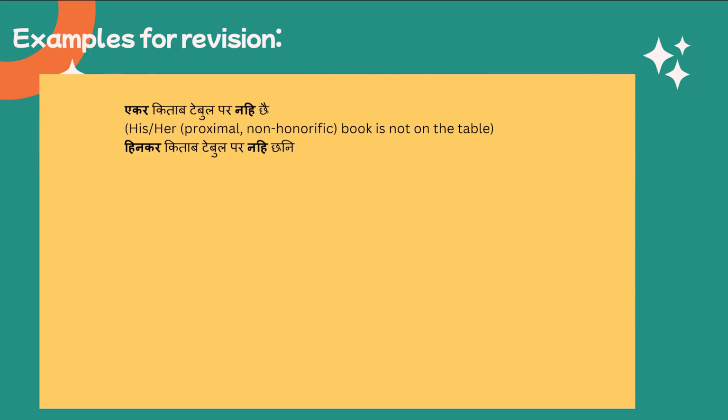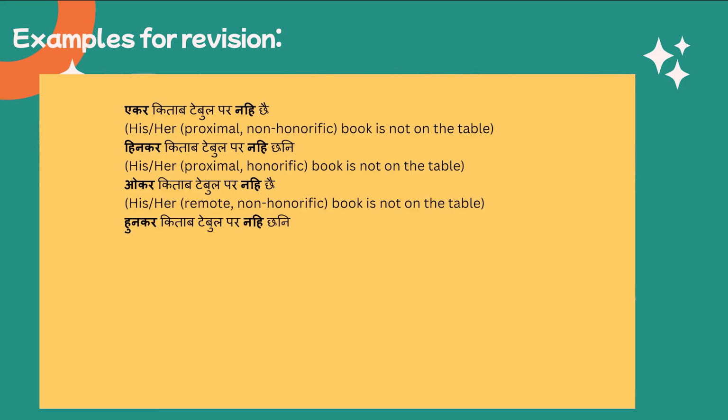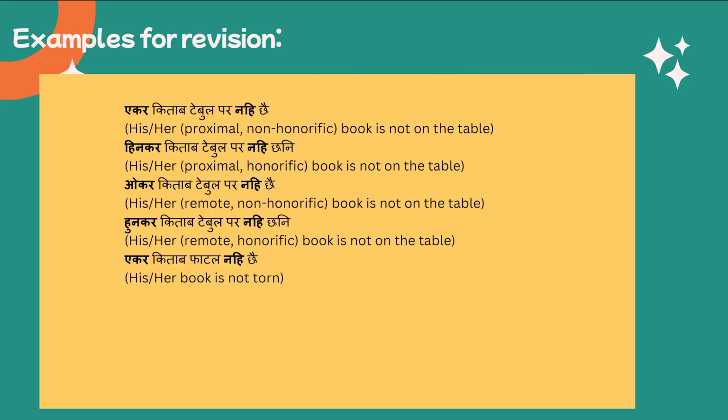That means it is referring to someone who is honorific. ओकर किताब टेबल पर नहीं छै. Again it becomes non-honorific for someone who is at a distance. Then हुनकर किताब टेबल पर नहीं छन्. Again it is honorific. एकर किताब फाटल नहीं छै. Again the same thing, non-honorific.